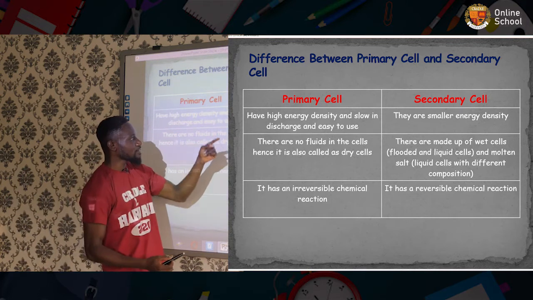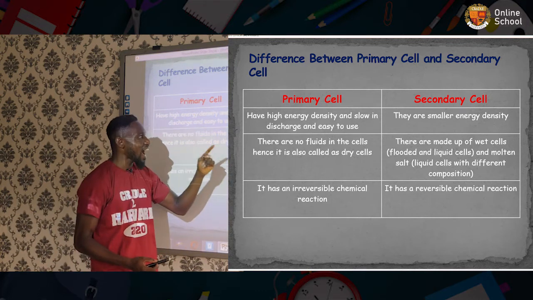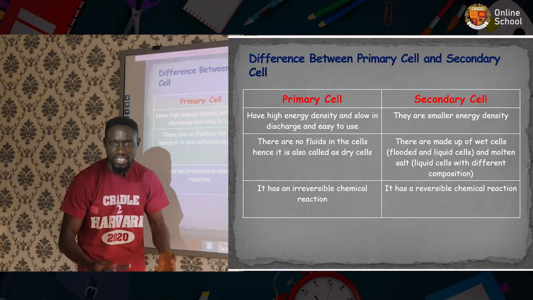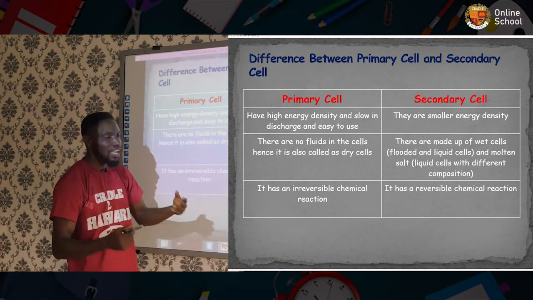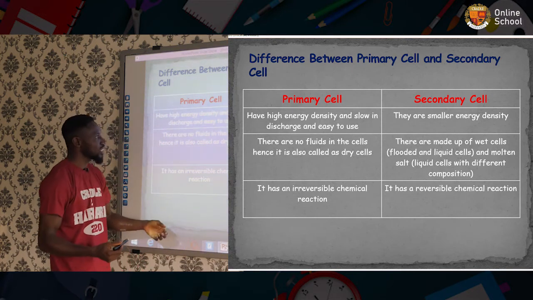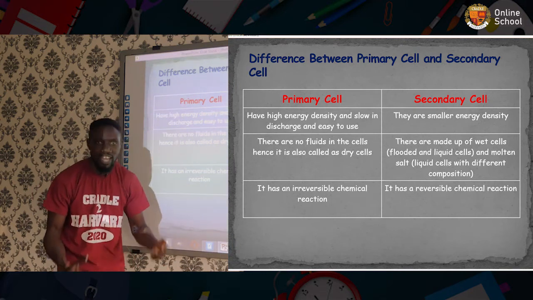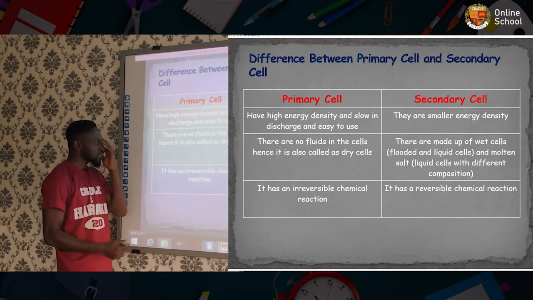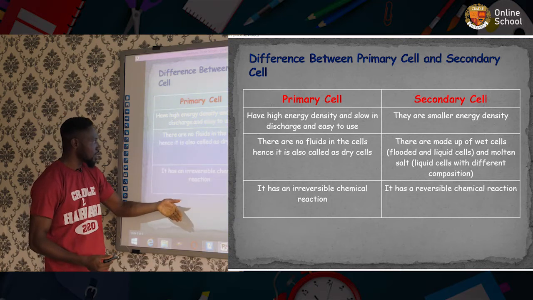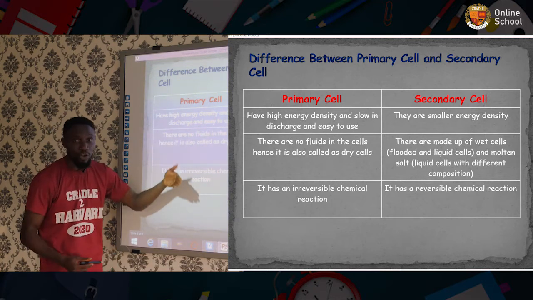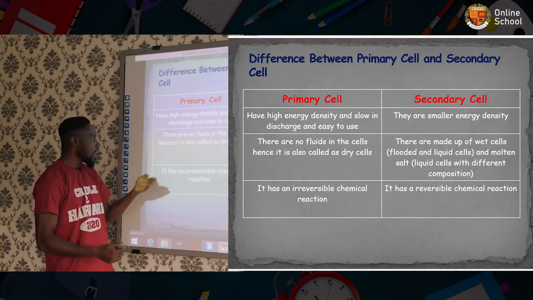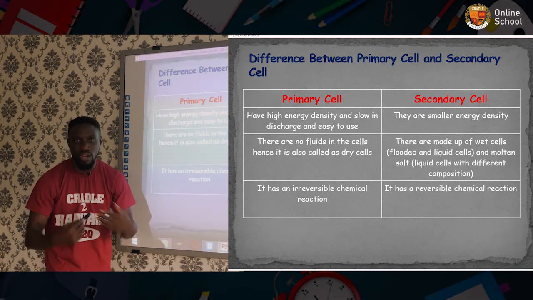While for the secondary, they have smaller energy density, and as such, they discharge faster than the primary cell. Two: there are no fluids in the primary cell, hence it is also called a dry cell.